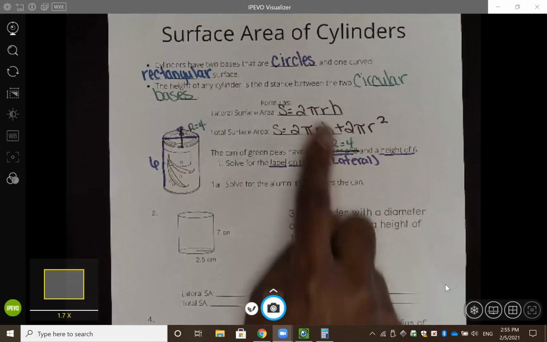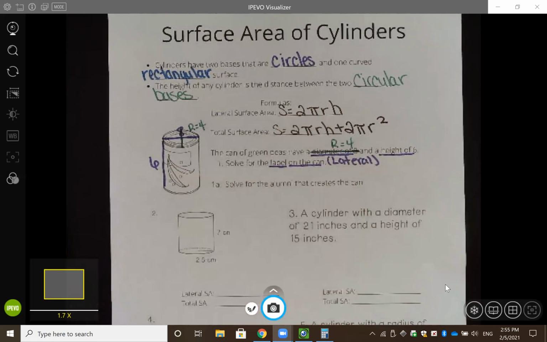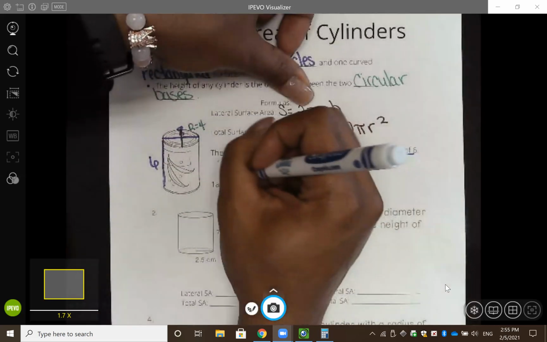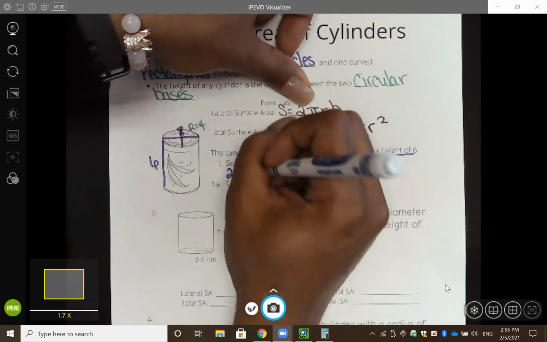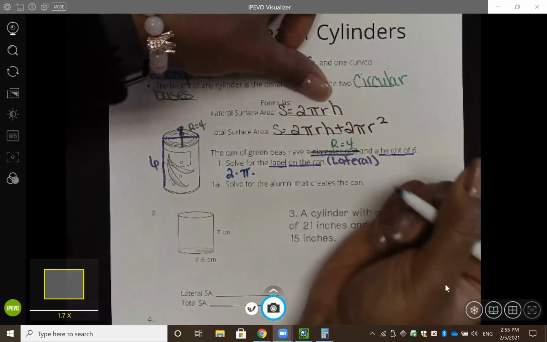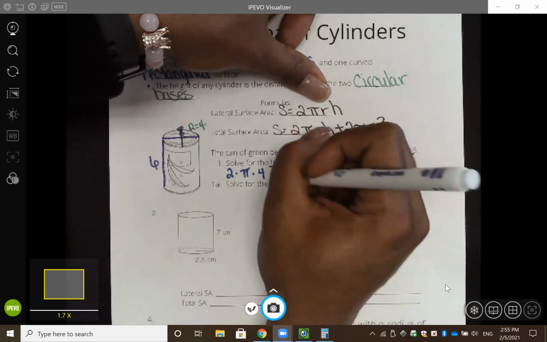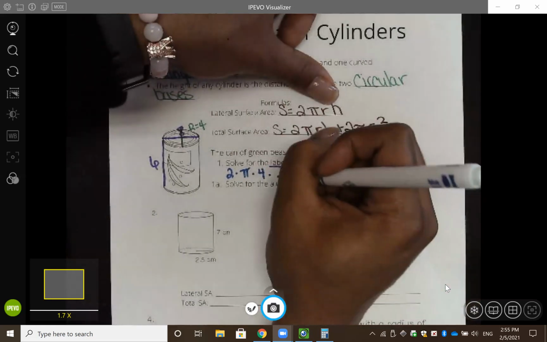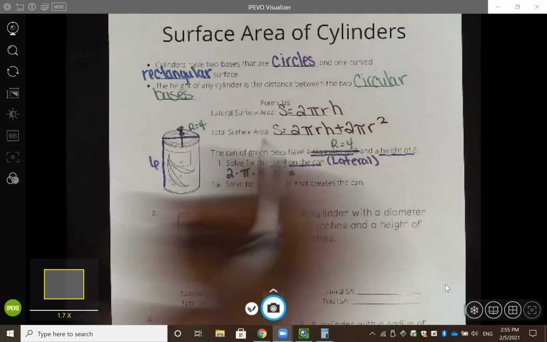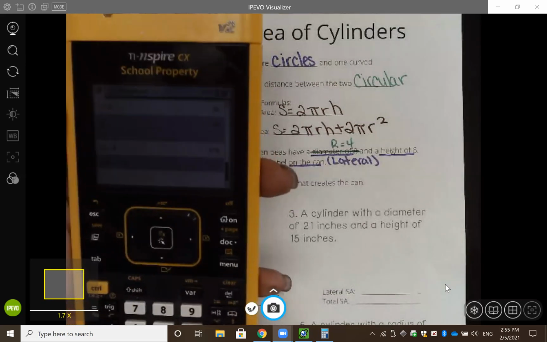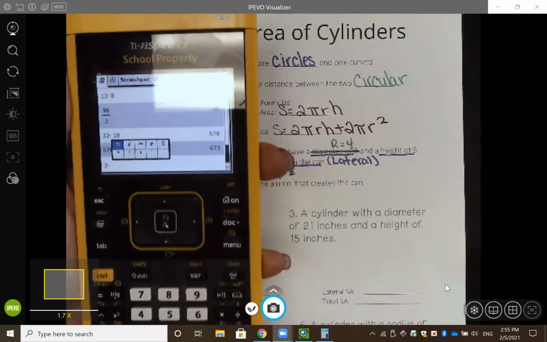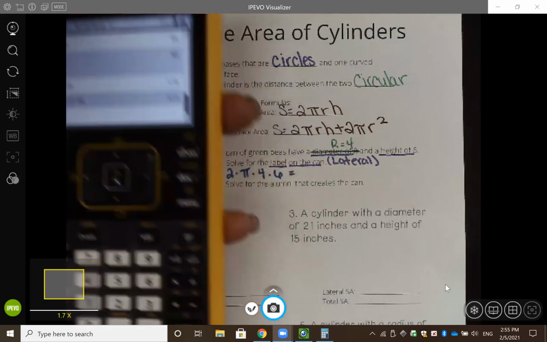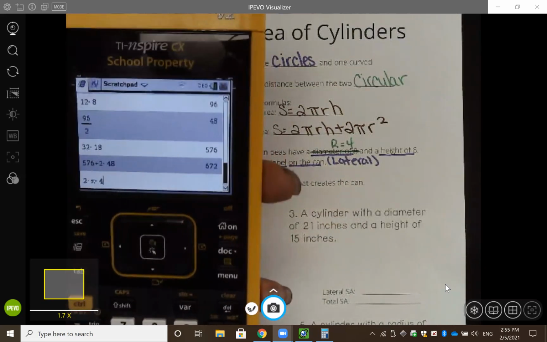So when I'm solving for lateral, the lateral formula is 2 times pi times my radius, which I just solved as 4, times my height, which is 6. In my calculator, I'm just going to put 2 times pi times 4 times 6.